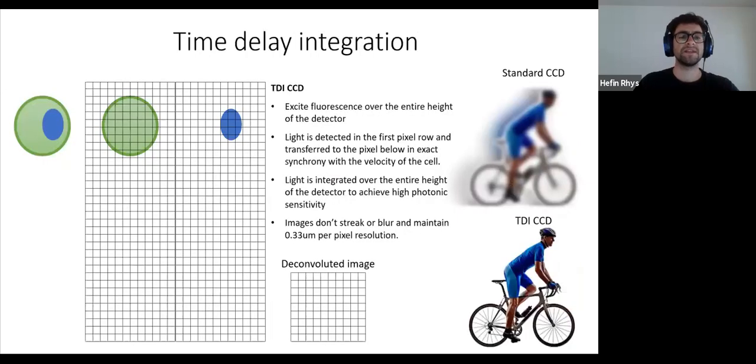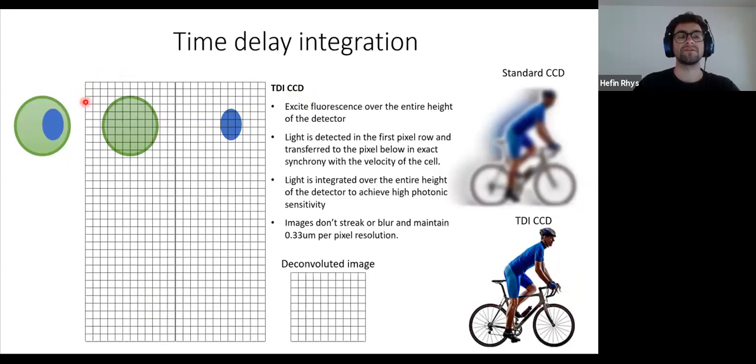Okay, so these cameras work in a mode called time delay integration. The surface of a CCD camera is made up of these small photoreactive cells, and you can kind of imagine each cell representing a pixel.